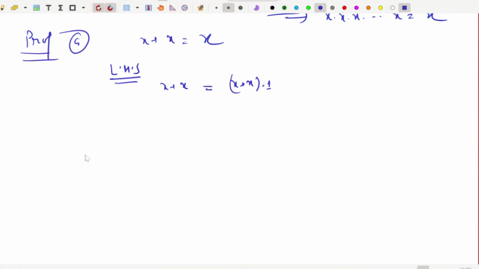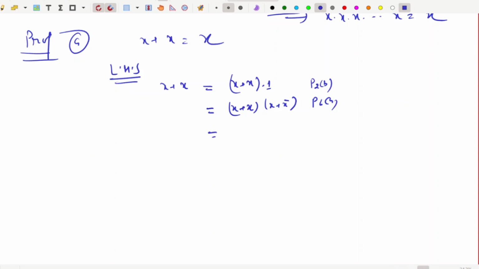This is postulate 2b. Then again, this 1 is written as x plus x complement. This is postulate 6a, which says that x plus x complement is equal to 1.